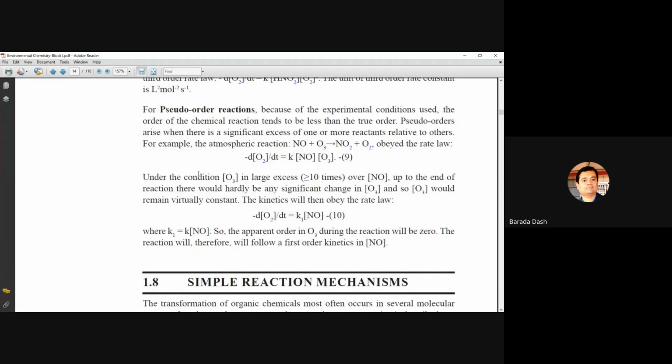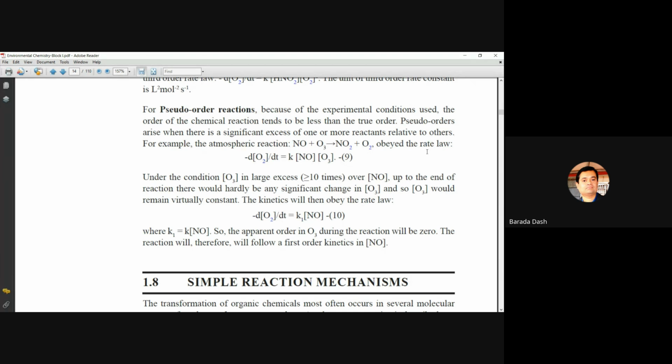Pseudo order reaction: because of the experimental conditions used, the order of the chemical reaction tends to be less than the true order. Basically, a pseudo order reaction arises when there is a significant excess of one reactant relative to the other. If the concentration of one reactant is very high compared to the concentration of the other reactant, that case is called a pseudo order reaction.